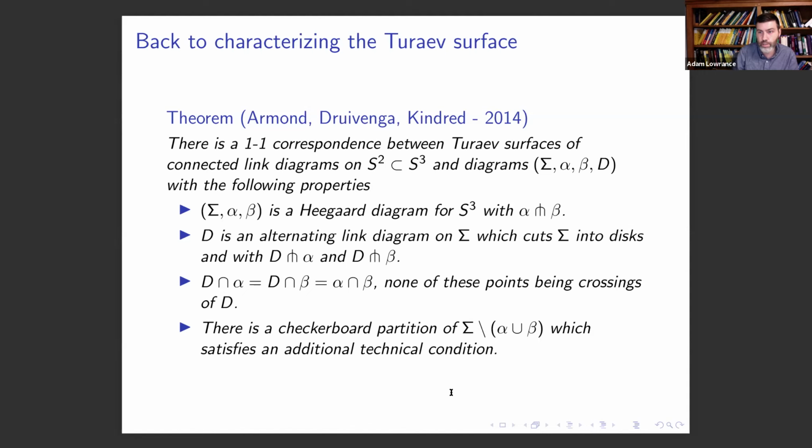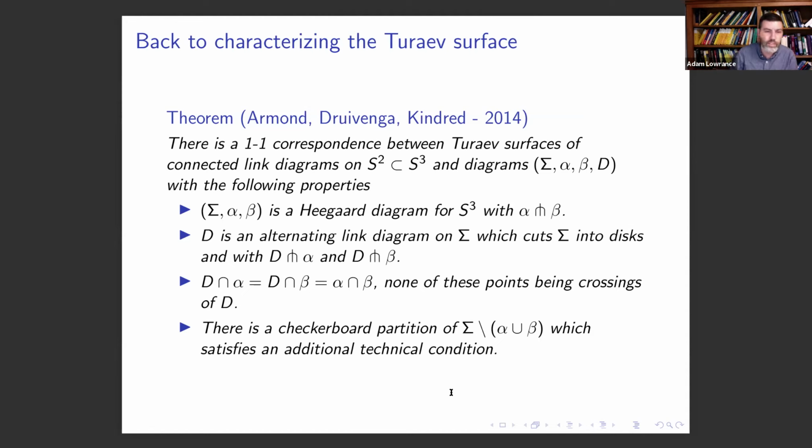There are lots of different choices of ways to draw the attaching circles that would give the same Heegaard splitting. But if they satisfy all these additional conditions, then you can guarantee that the Heegaard surface you're staring at came from a Turaev surface, a diagram of the Turaev surface.